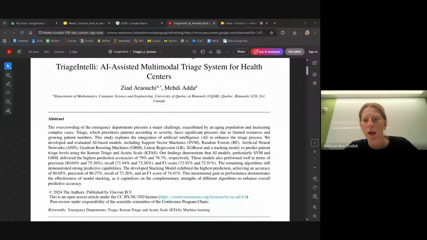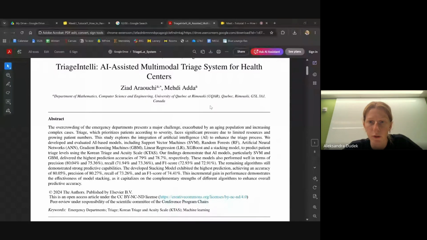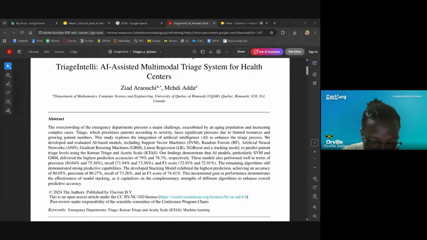Okay. Does anyone want to get us started on the first question? What is the problem that they are trying to address? Or does anyone need more time? ERs are overrun by patients, which makes it hard to determine which patients to see first.